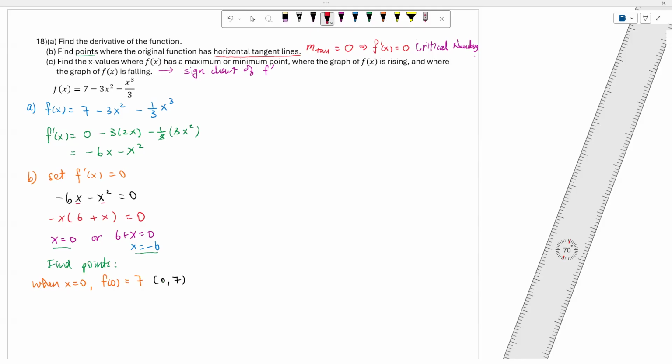Okay. When x is equal to -6, then f of -6 is equal to 7 minus 3 times -6 to the power of 2 minus -6 to the power of 3 over 3. Okay.